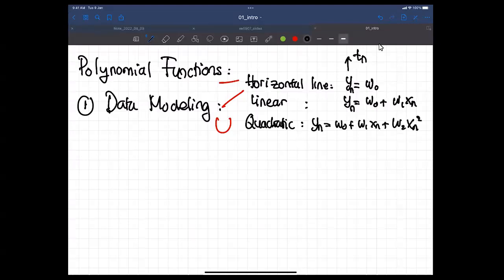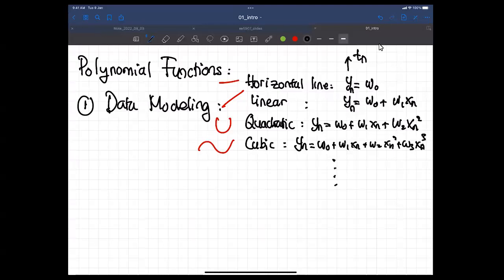If it is cubic, it means that you have two inflection points. If you want to have two inflection points, then yn will increase the complexity, right? W2 xn squared plus W3 xn to the power of 3. And so on and so forth, depending on how many inflection points that you want to have for your curve.